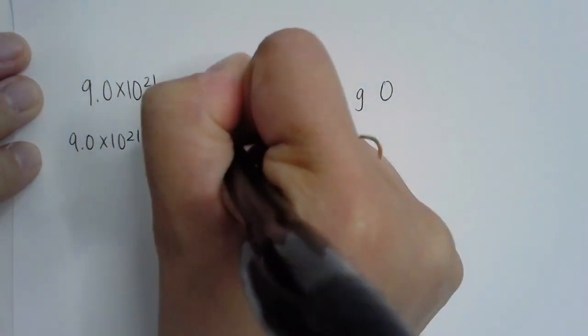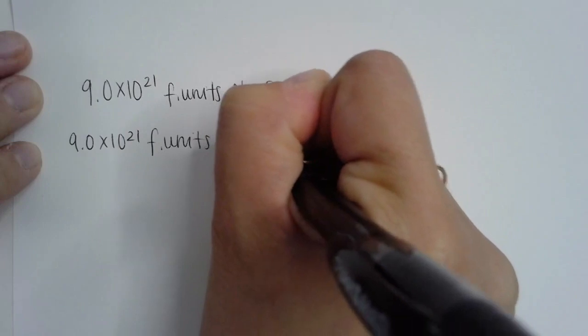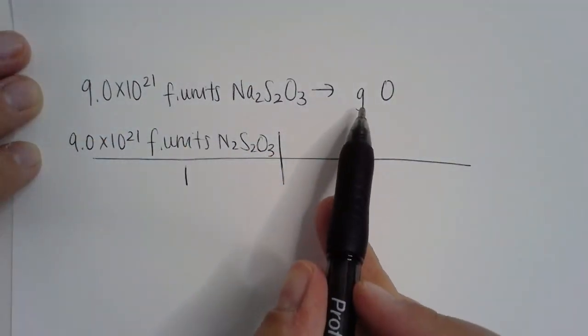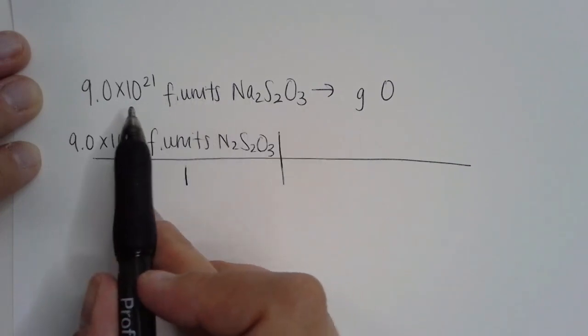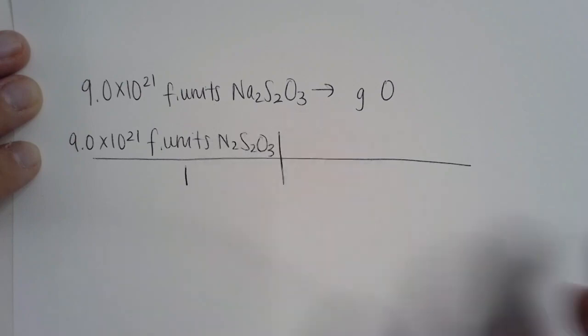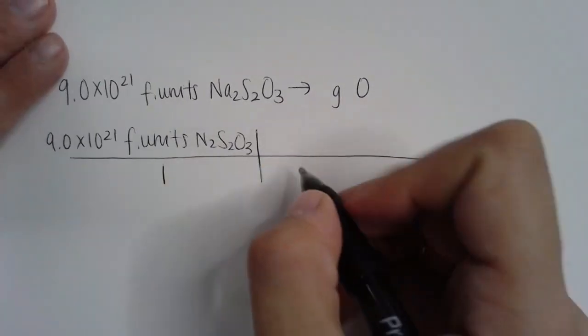Always convert to moles first. So we want to know how many grams of oxygen can I isolate from 9.0 times 10 to the 21st formula units of this compound. Again, I don't know the name off the top of my head, but that's okay.